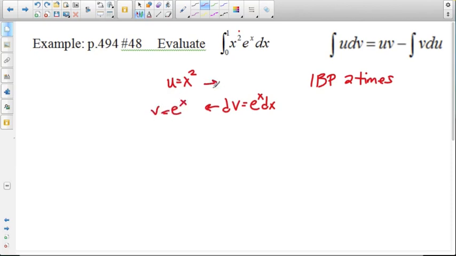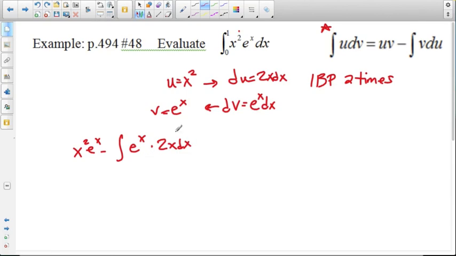And as we differentiate here, we get a du of 2x dx. And so as we put that into our expression for integration by parts, we have u times v, so that is x squared e to the x minus the integral of v du. And so v is e to the x, du is 2x dx.